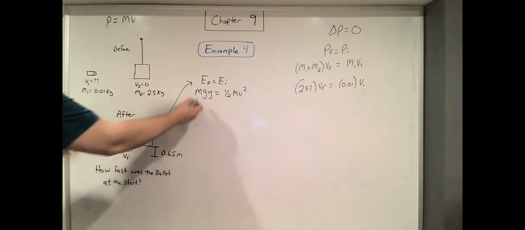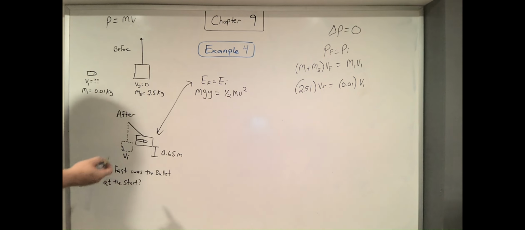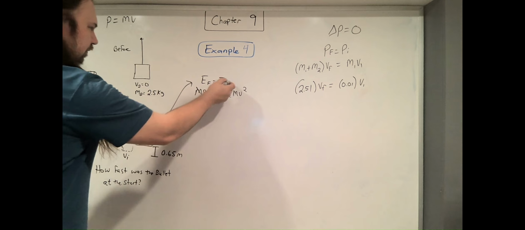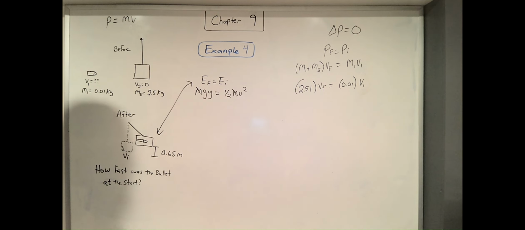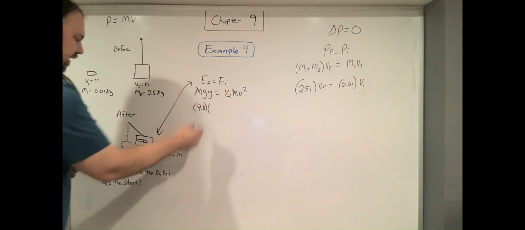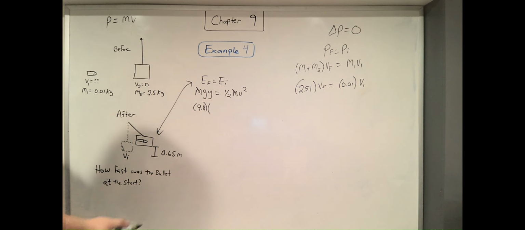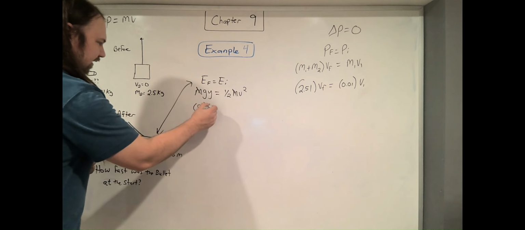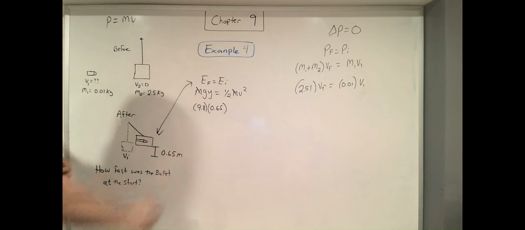Okay, now I know both the masses here are going to be the same. It's going to be the 2.51. So they can actually just cancel out. I know that G is 9.8. And I know that Y is the change in height. Now it went from down here to up top, which means this is positive 0.65.